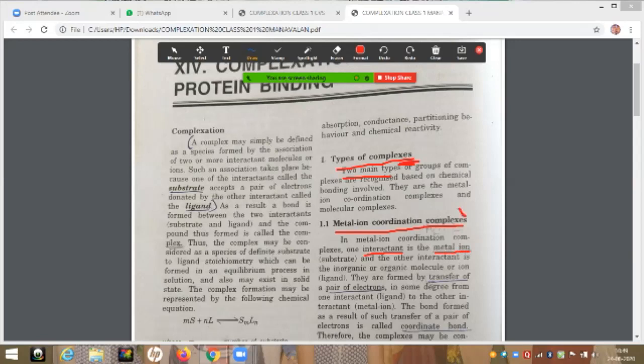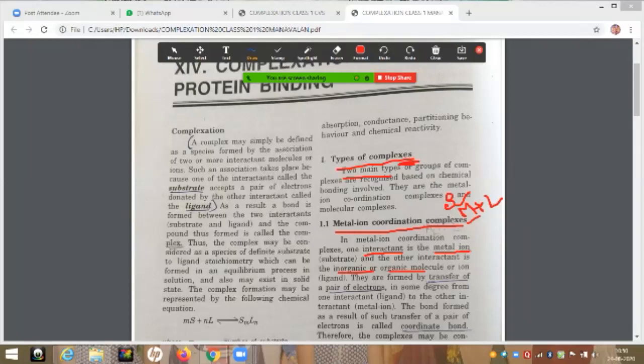The other interactant molecule may be an inorganic or organic molecule or some ion. Always this organic or inorganic molecule will be the ligand, whereas the metal ion will be the substrate in this type of complex. Metal ion is the substrate and the interactant is the organic or inorganic molecule.